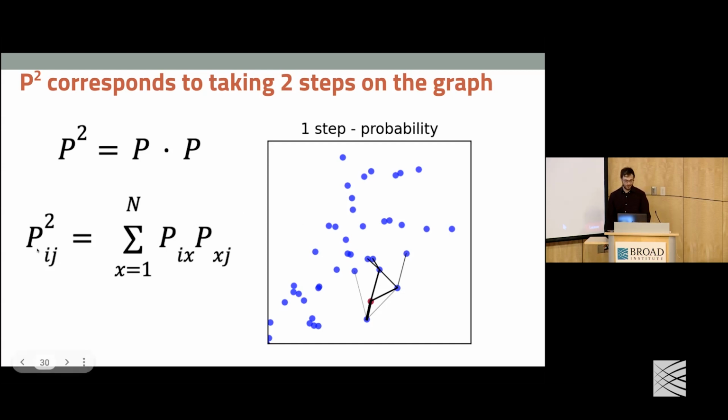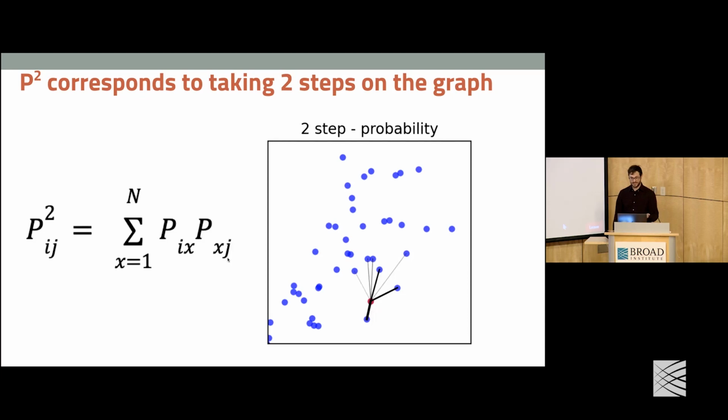So the ijth element of P squared corresponds to summing over possible intermediate nodes x, the probability of transitioning from i to x times the probability of transitioning from x to j. So when you actually go through and compute that, you end up with these possible 2-step outcomes and the probabilities for them represented here.